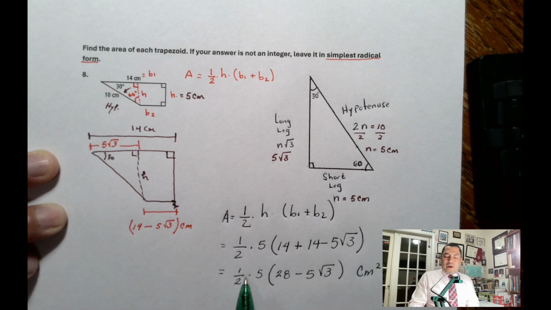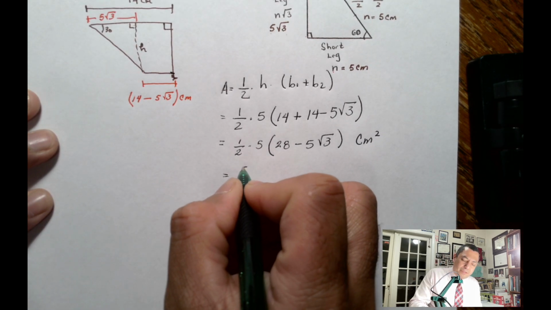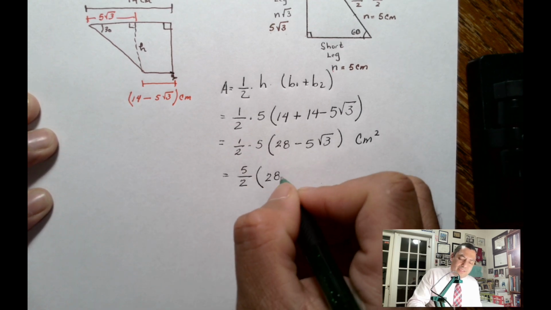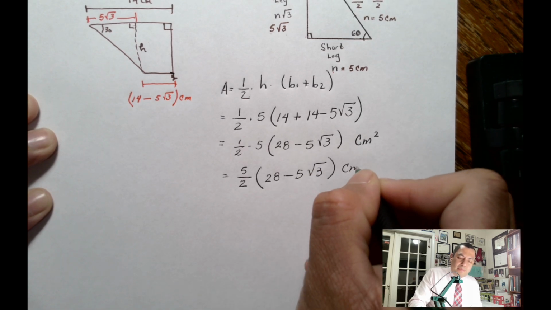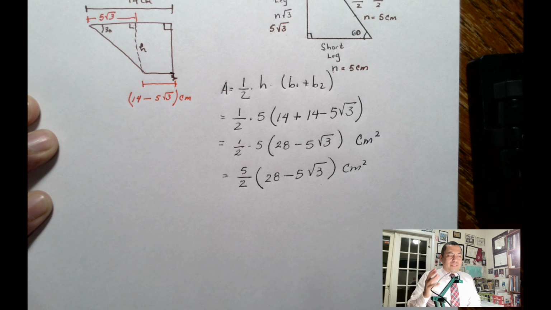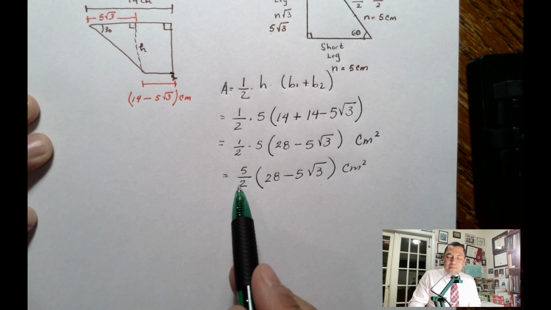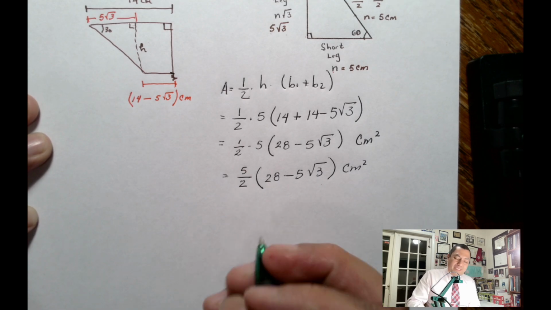Now, if I multiply 1/2 times 5, it's going to be 5/2 times 28 minus 5 square root of 3 centimeters squared. Now, let's simplify this one. 28 divided by 2 is 14 times 5 is going to be 70.